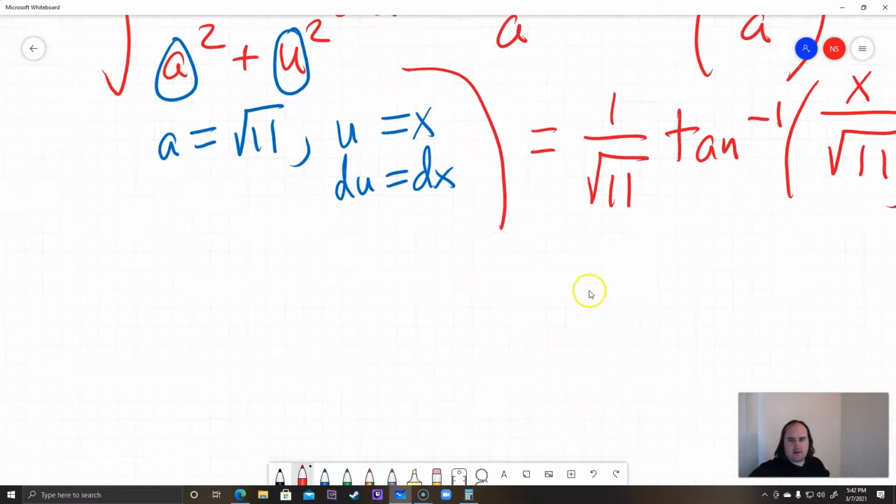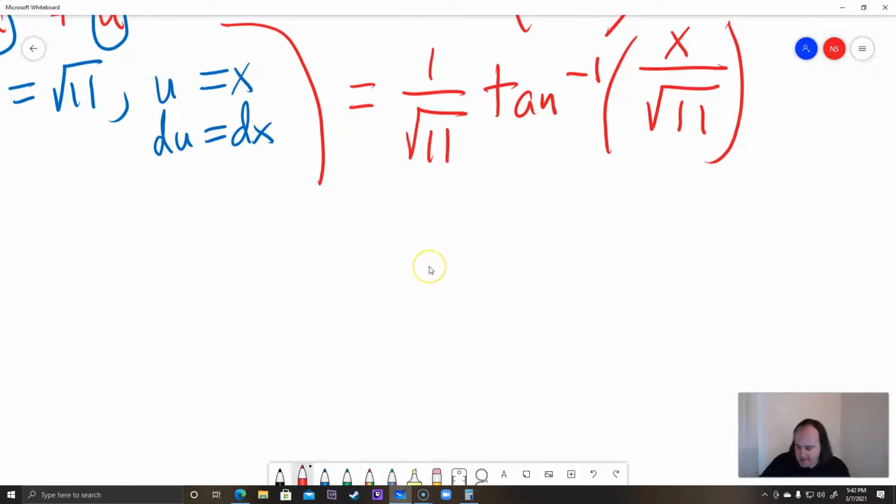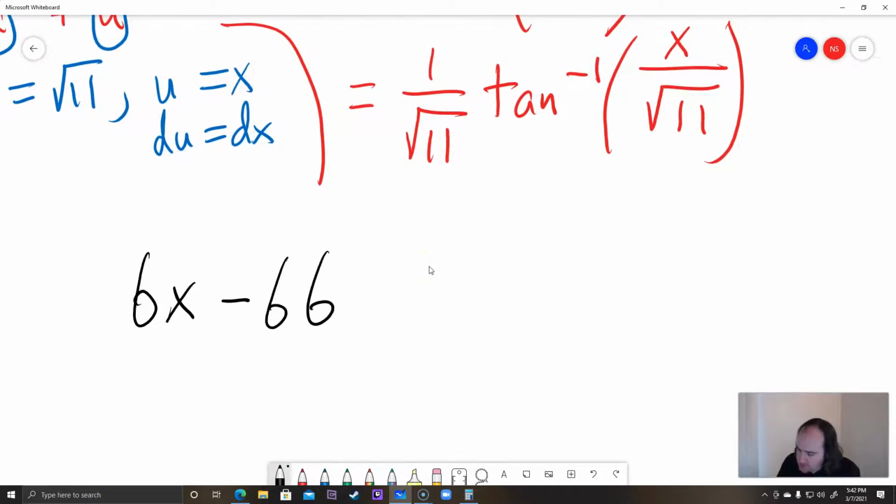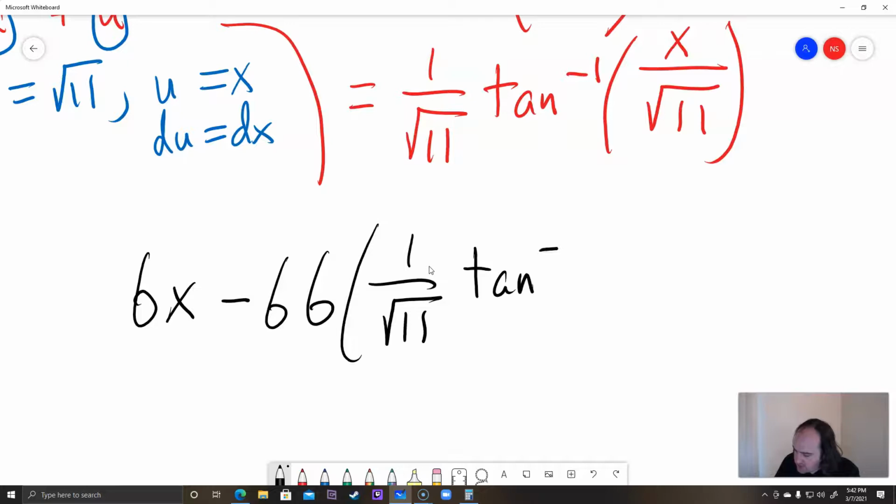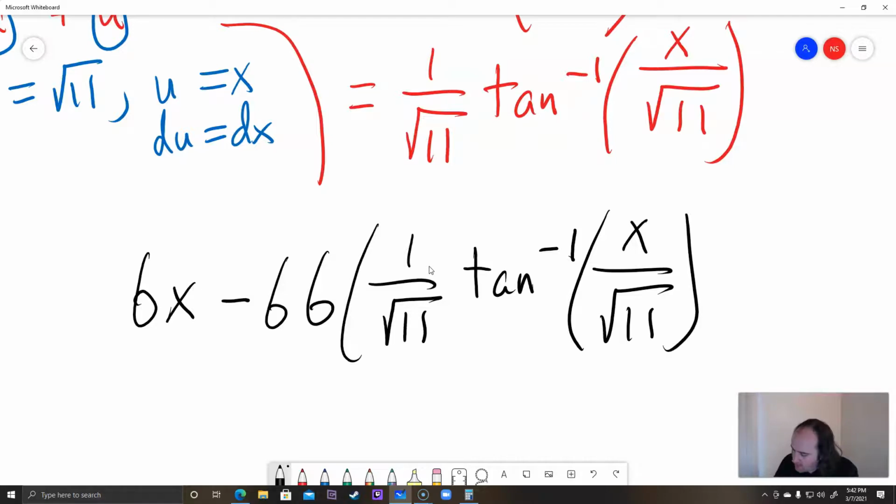So plugging everything in here, we're going to have 6x minus 66 times 1 over root 11 tan inverse of parentheses x divided by root 11. And then of course, because this is an indefinite integral, we have to write plus c at the end. That should be basically how they write their answer, I believe.